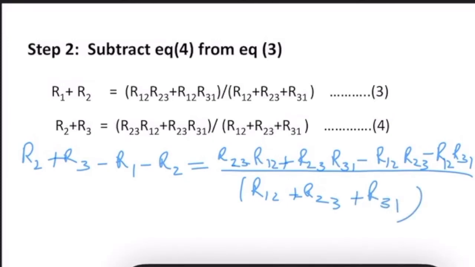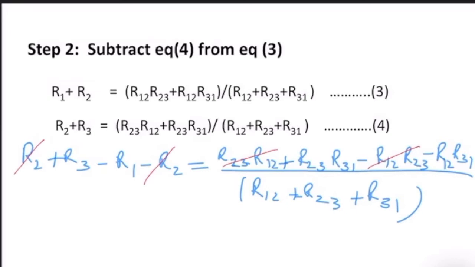Now we'll try to cancel out the common terms. So R2 will get cancelled out with minus R2, and here we have R23 R12 minus R12 R23.